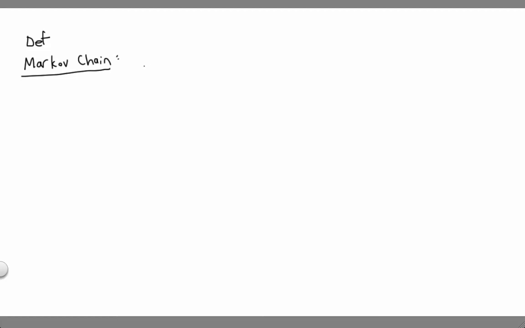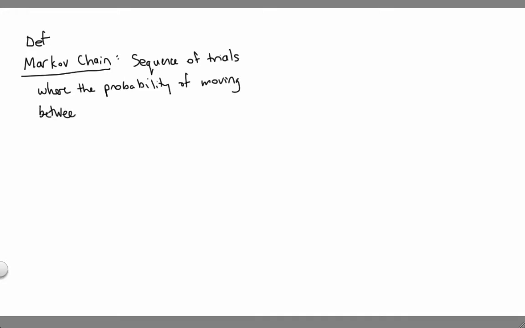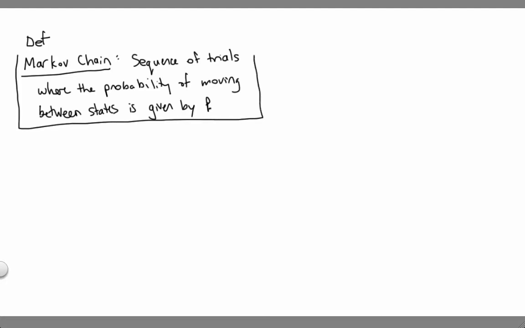Well, we could say that a Markov chain is a sequence of trials where the probability of moving between states is given by P. And when we say P, remember P was the name that we gave to the transition matrix. So you could say where the probability of moving between states is given by the transition matrix.